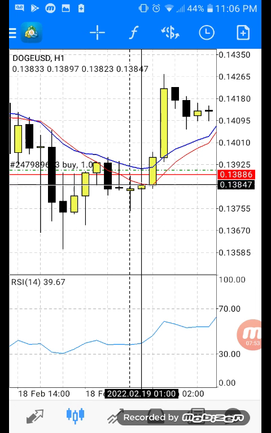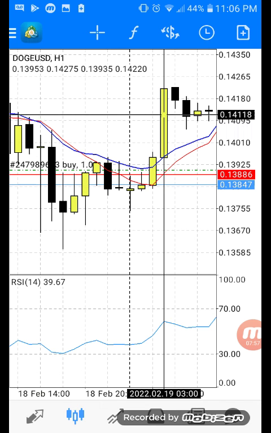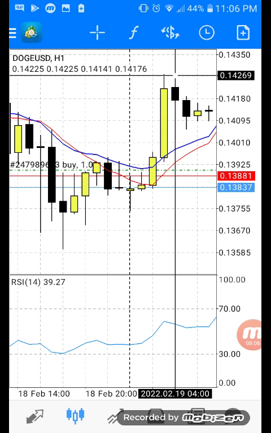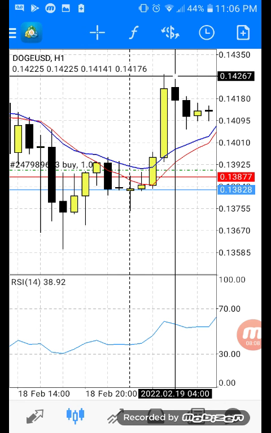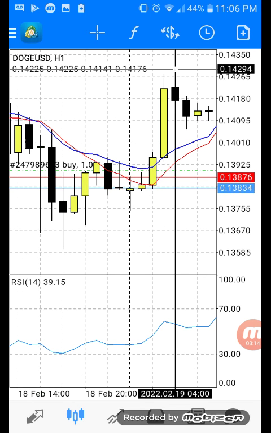Price was just up here, and it went all the way from 13, where we placed our buy, and it got past our buy and went all the way up to 14. Depending on your lot size, that could have been a couple hundred, easily. And this was not too long ago.